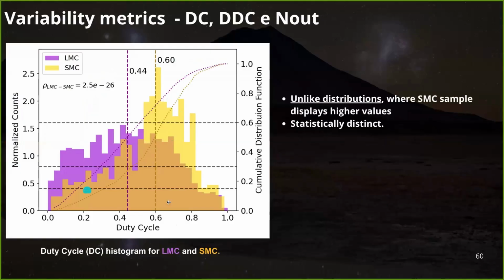The distribution is clearly very alike, showing that the SMC stars are much more actively losing mass. And again, we can say that the behaviors are different using the KS test.